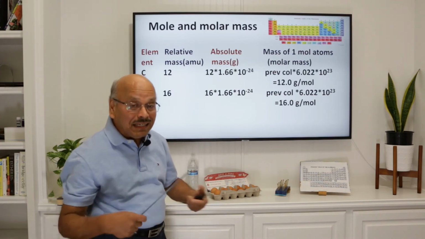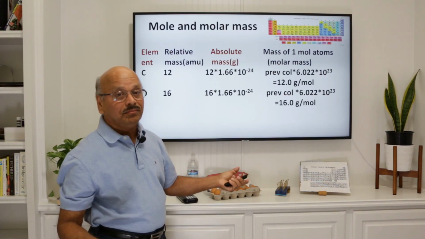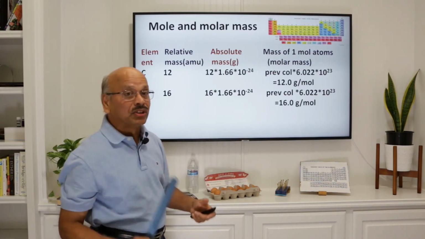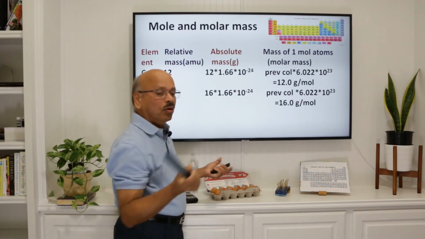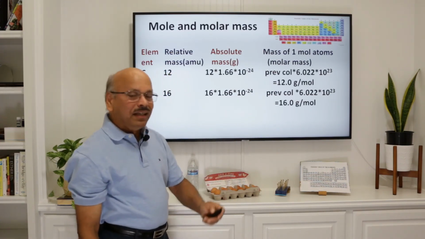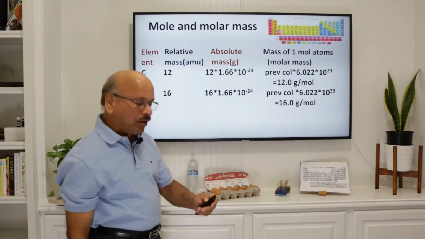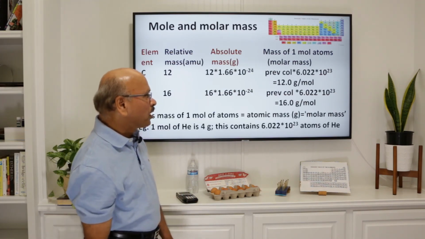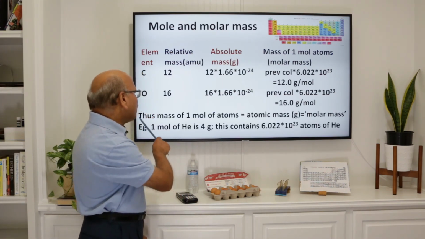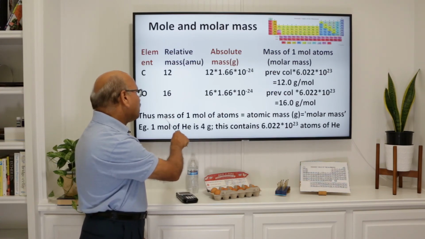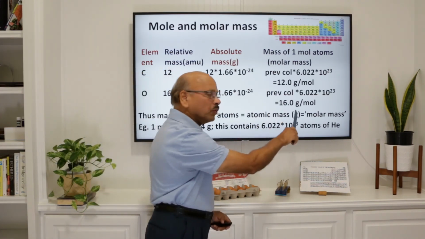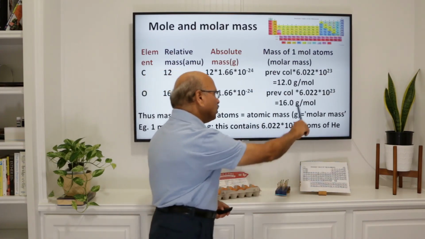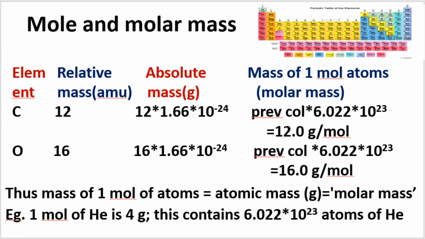So you can take any element. The molar mass of that element is going to be what? The atomic mass in grams per mole. So it's pretty easy. The things become easy now. Okay, I want you to be sure about that. If you're thinking about a mole, the mass of 1 mole of atoms is the atomic mass in grams, and it's also called molar mass, because it contains Avogadro number of atoms.